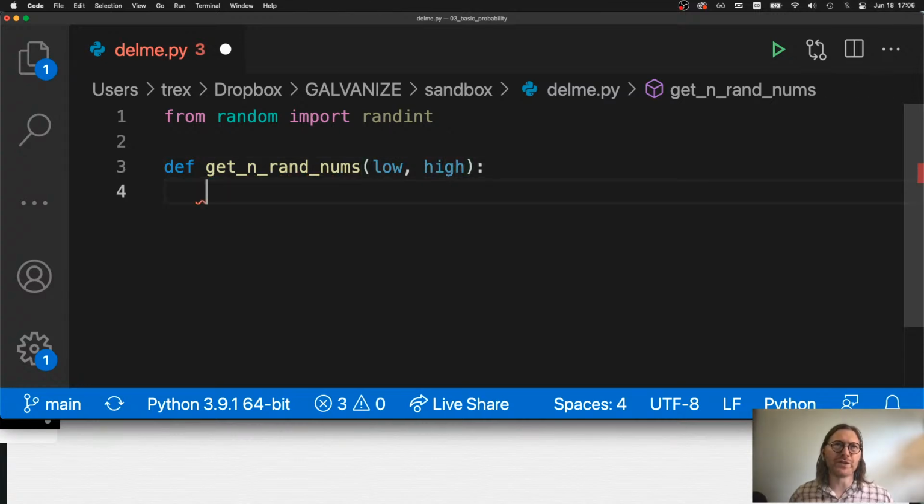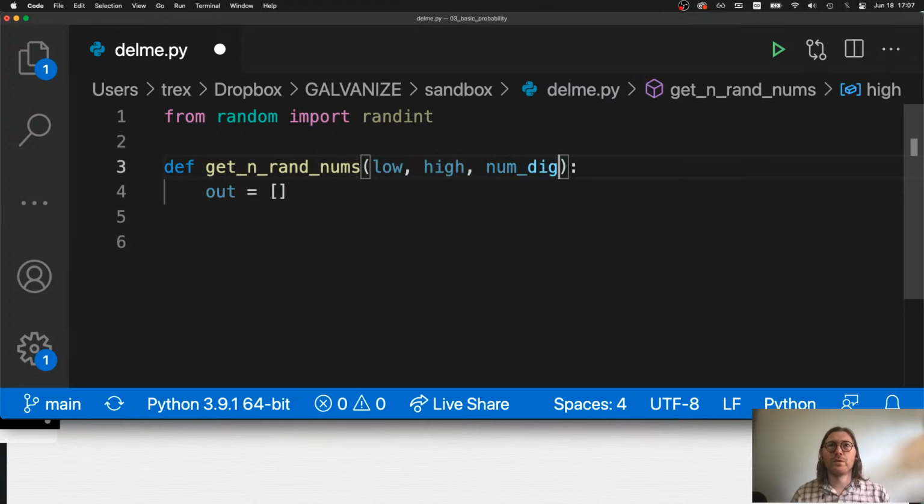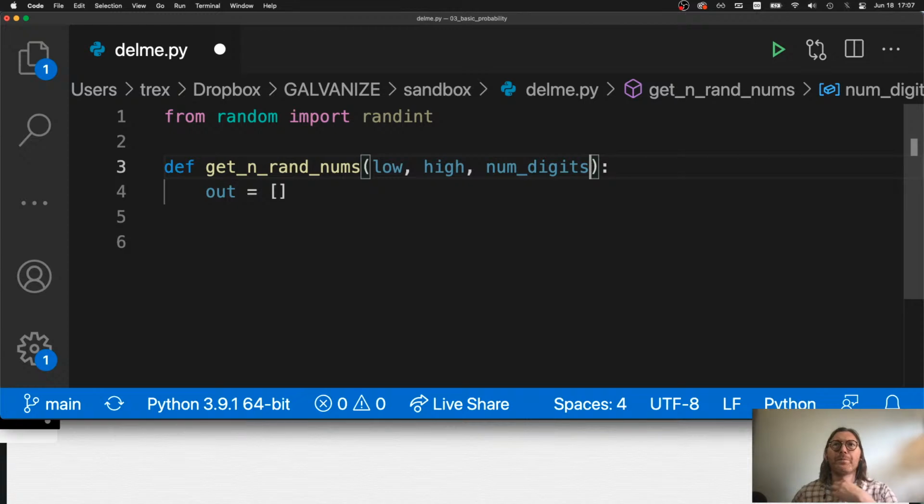The high bound will be inclusive, and we'll make an output list, and I'll do this as an accumulator instead of a comprehension. I'll call it out, and we'll have a number of digits.